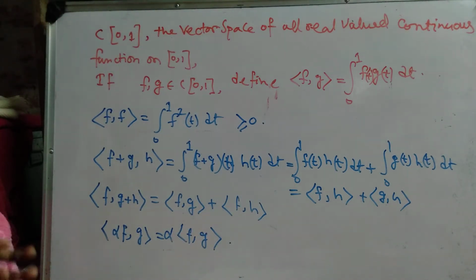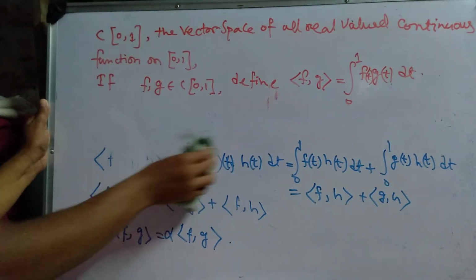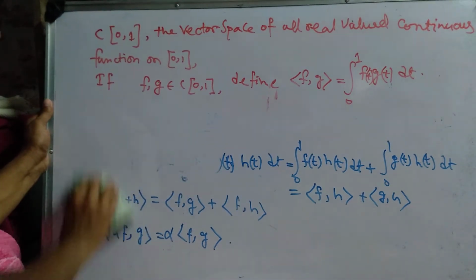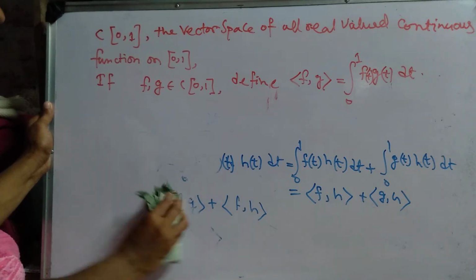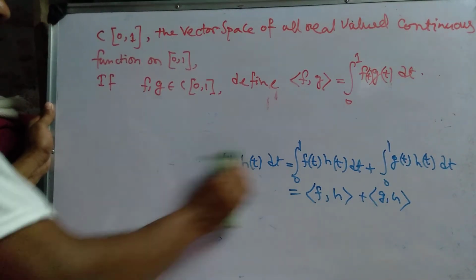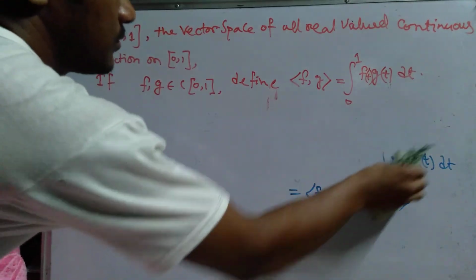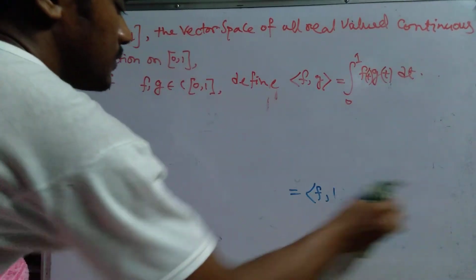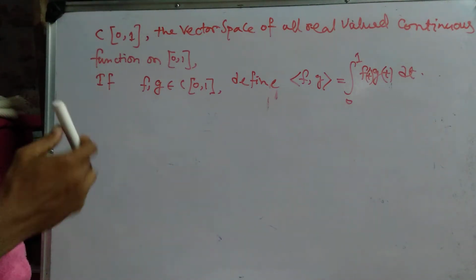Now the proof of the other properties. If this one equals 0, then f equals 0, and if f equals 0, then this one equals 0. If f equals 0 or g equals 0, then this one equals 0, which is simple and trivial. Now proceed.